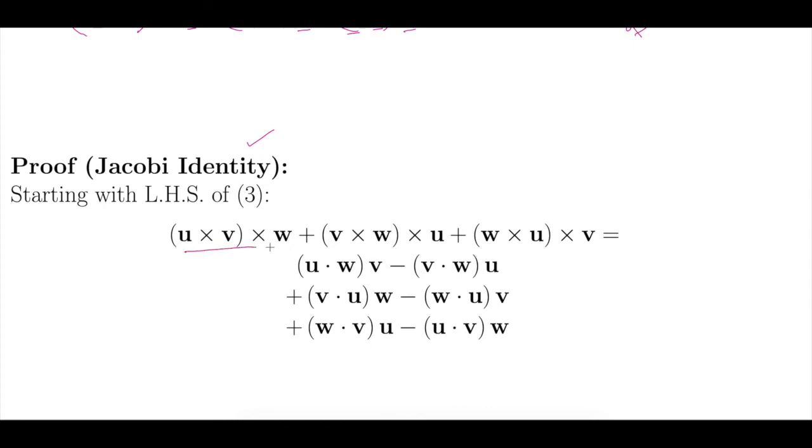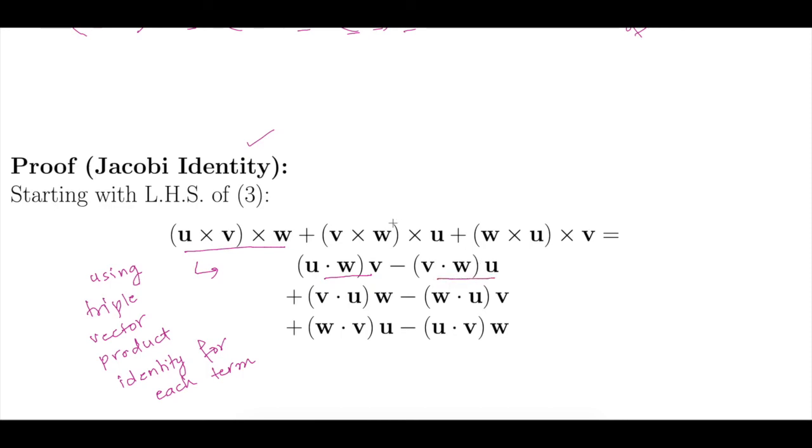So now, using the triple vector product identity for each term, if I do this, I will get u dot w times v minus v dot w times u.